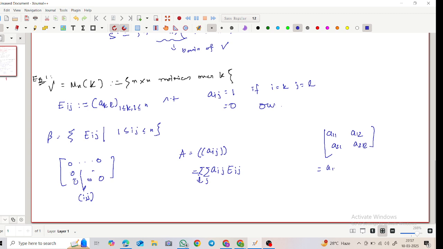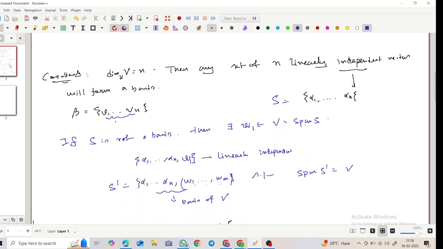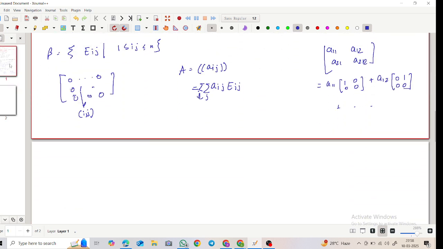So you can write A11 times [1 0; 0 0] plus A12 times [0 1; 0 0] and so on, right? So that's what you are doing. So clearly, this spans M_n(K). So that set beta spans M_n(K).